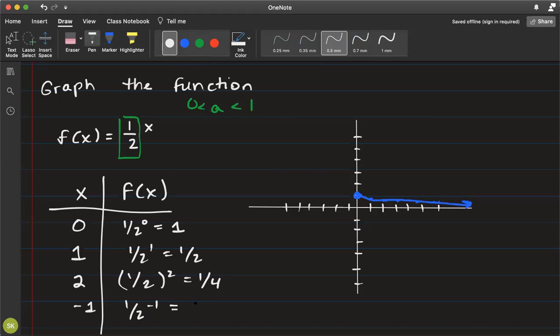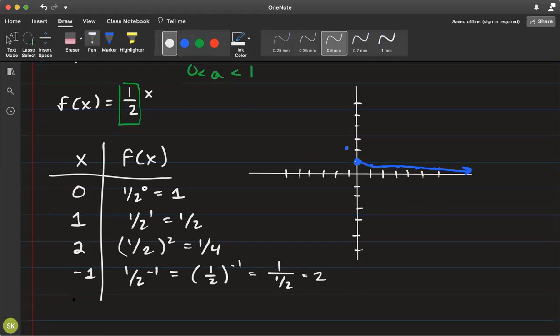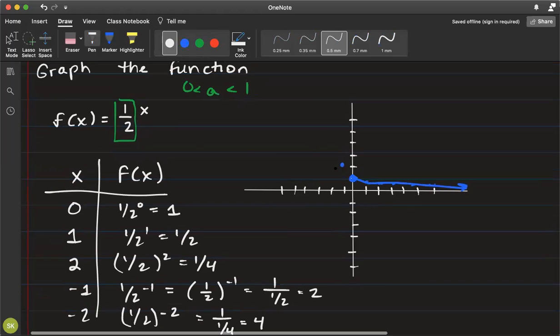Okay, this might be a little confusing, but push this to the denominator. This is 1 over 1/2, which is 2. So then you're going to have a point at (-1, 2). And if you plug in negative 2, you get 1/2 to the negative 2, which is 1 over 1/4, so you get 4.